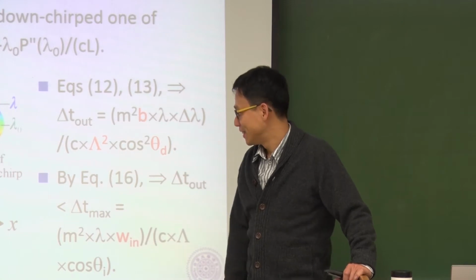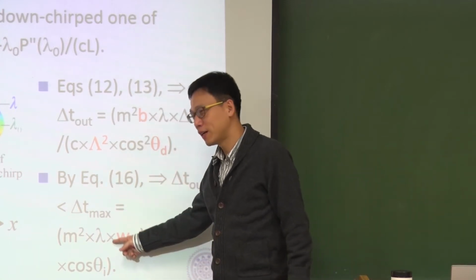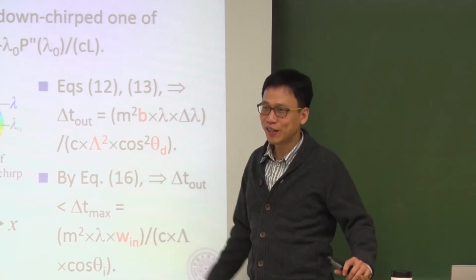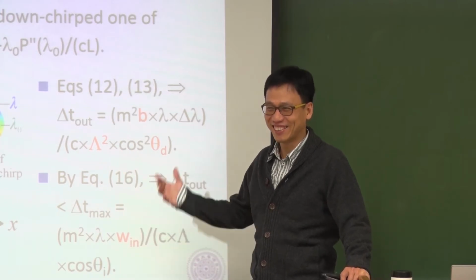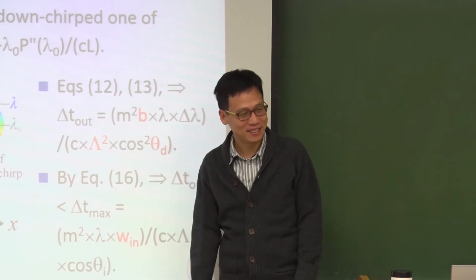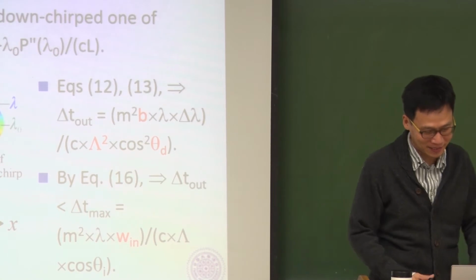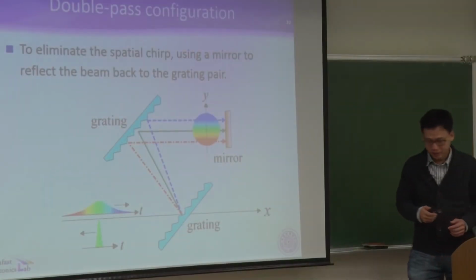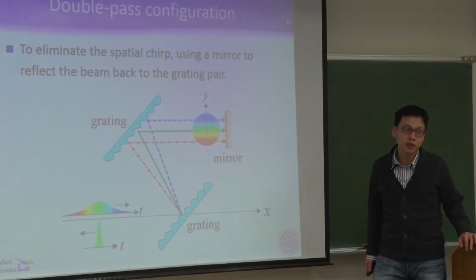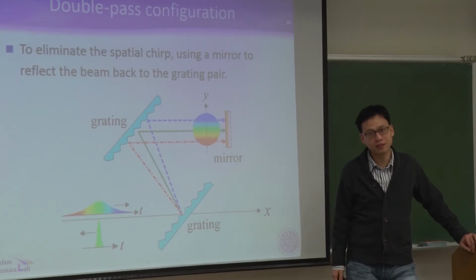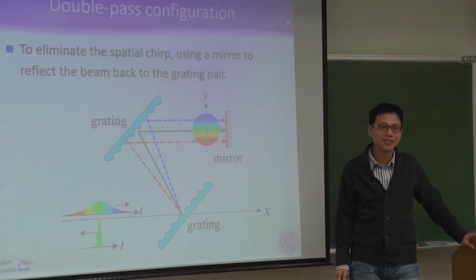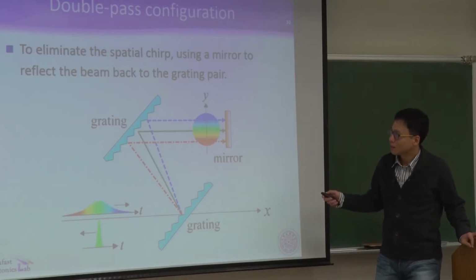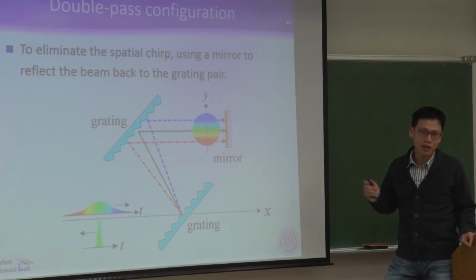这也是很贵的啊！把你的 beam 一放大，所有的东西都要放大，所有的东西价格就统统上升了。OK. Is there any way we can totally eliminate the spatial chirp? This is one simple solution, double pass configuration. Here you have spatial chirp, right? Always.